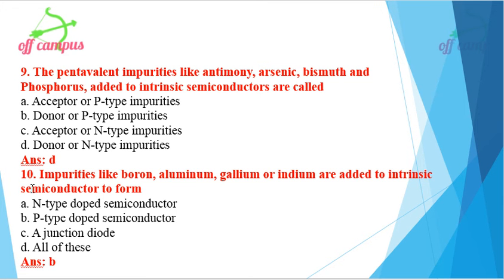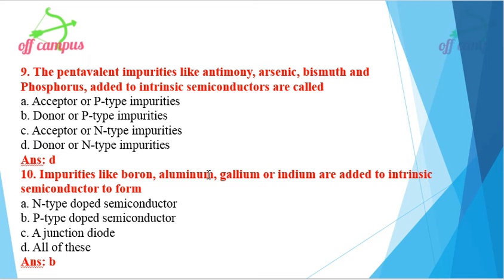Then question number 10: impurities like boron, aluminum, gallium and indium are added to an intrinsic semiconductor to form a p-type doped semiconductor. They are also called acceptor impurities, p-type or acceptor.